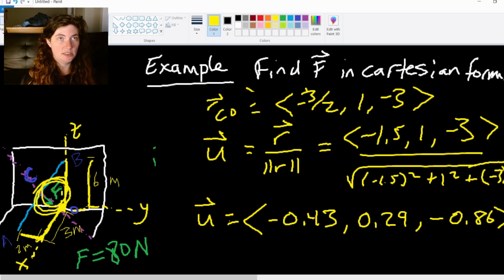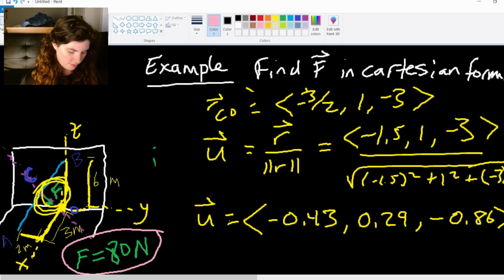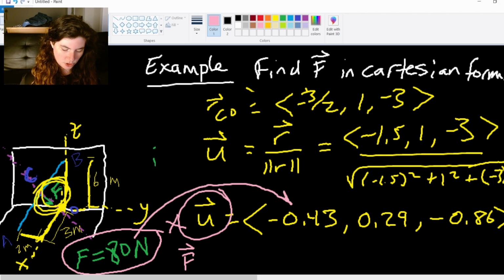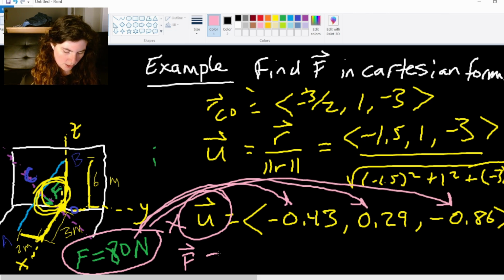So the last step is the easiest step. All we need to do is multiply our magnitude of this F times this unit vector, and that will give us the vector F. If I multiply this 80 newtons to each term in my unit vector, what I end up with is, and I'm going to write this in Cartesian form instead of this bracket form. So Cartesian form is the i hat, j hat, k hat.